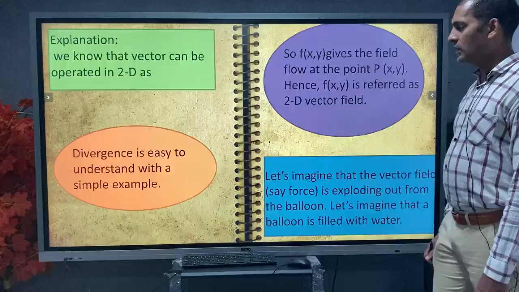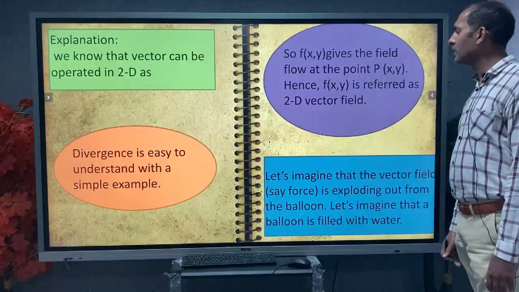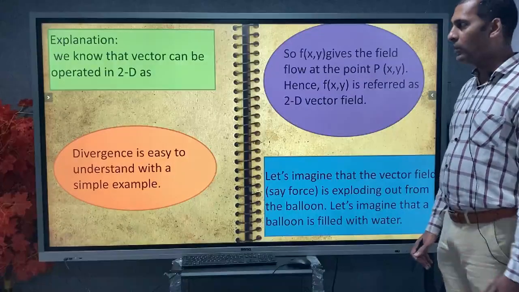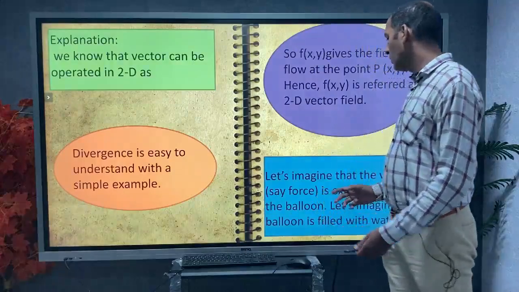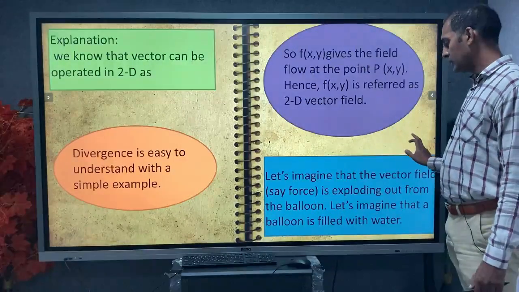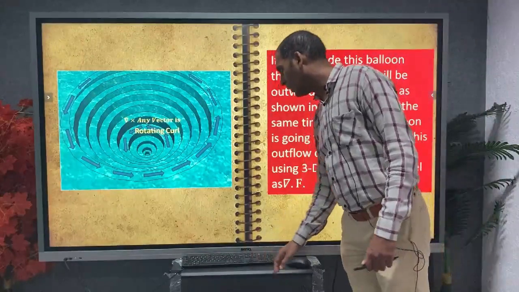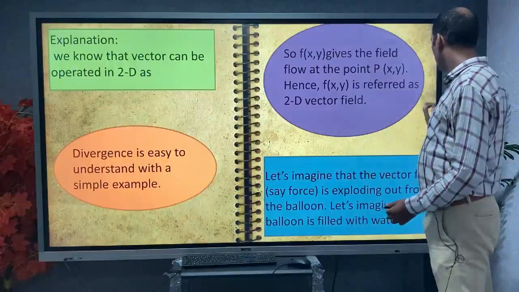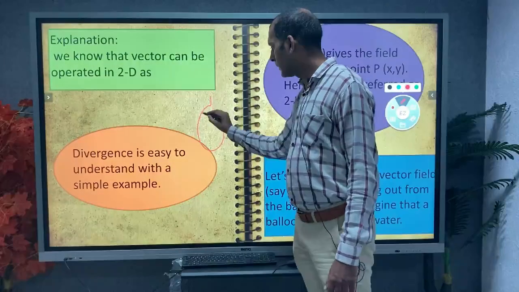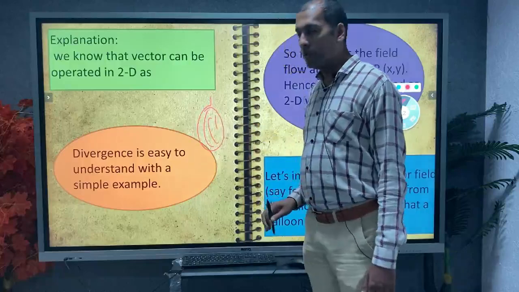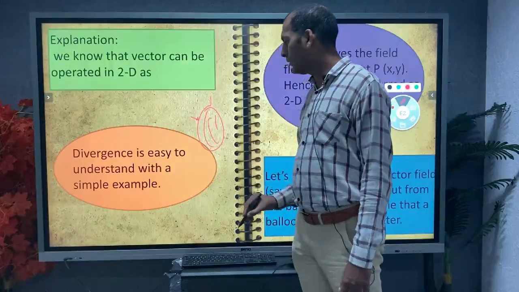So in 2 dimensions, divergence is very easy to understand. Like we can consider an example of a balloon. Divergence means an outward force going out in all the directions. Suppose you take one balloon filled with water. If you take a small needle and puncture it, what will happen?